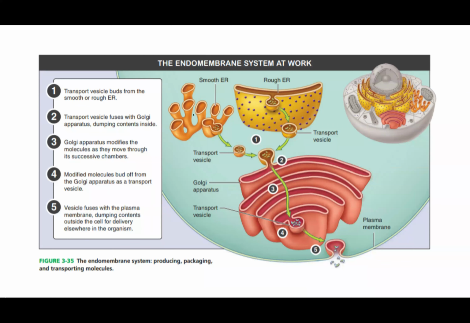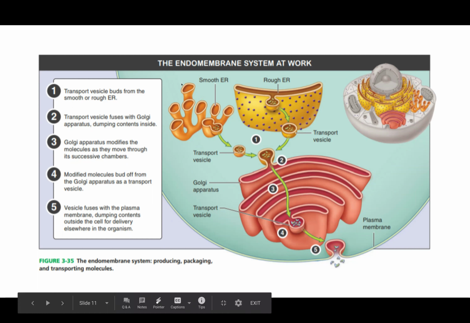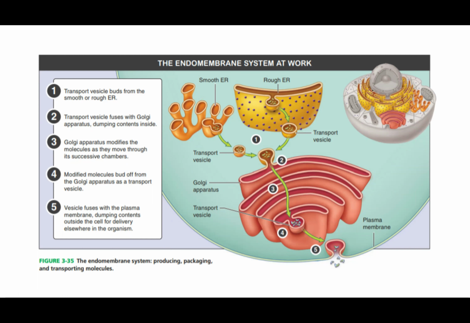Either way, whether it's coming from the smooth or the rough endoplasmic reticulum, you create a little vesicle. And again, it's basically just a piece of the membrane that makes up these organelles. Because remember, every organelle is membrane bound, including your endoplasmic reticulum and your Golgi bodies and your nucleus. Everything is membrane bound. Nothing is just hanging out.